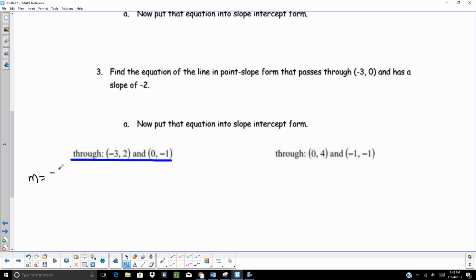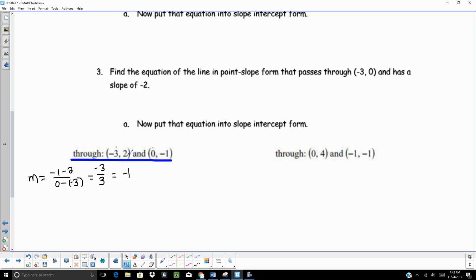So in this case, -1 minus 2 over the difference of my x's, 0 minus -3. And again, I want to be really careful of those signs. And what happens is I'm going to get -3 over 3, which is -1. So my slope is -1.